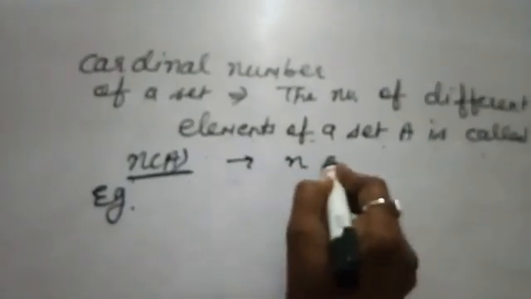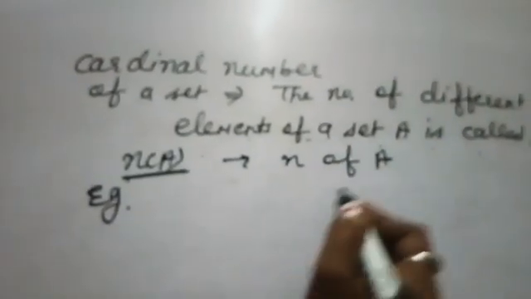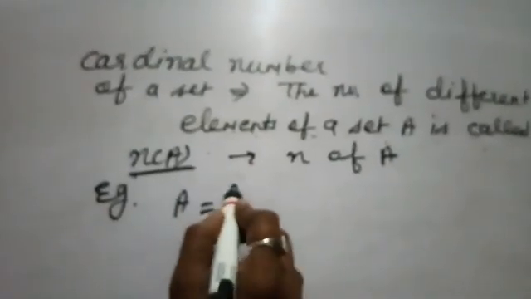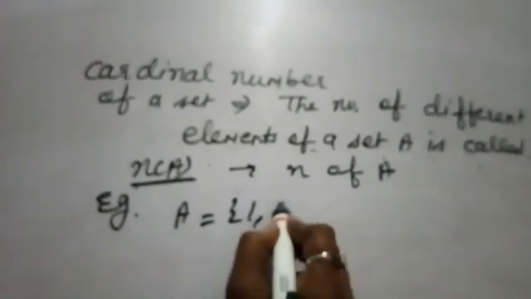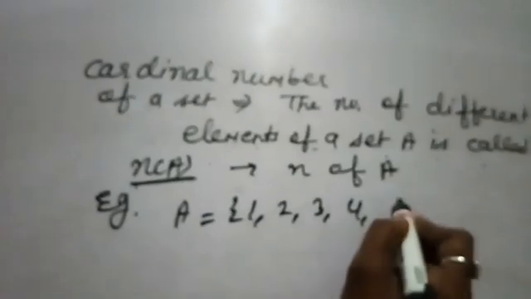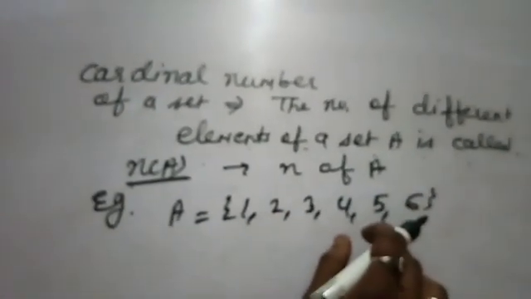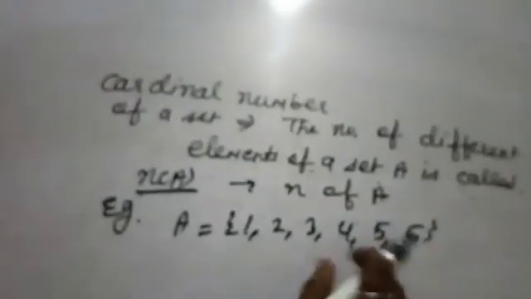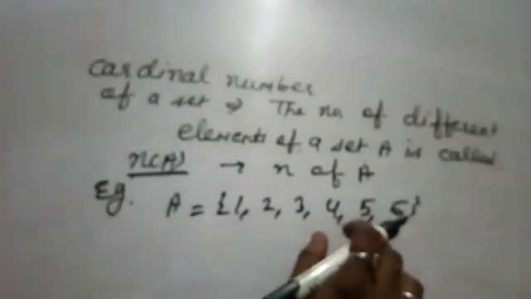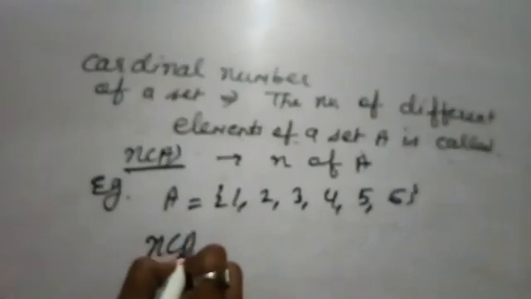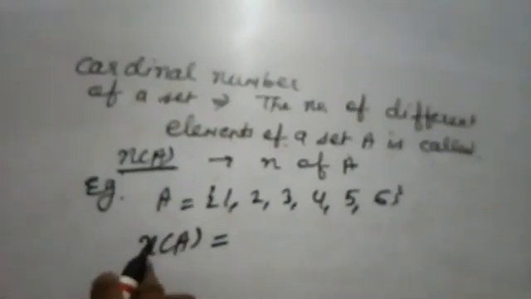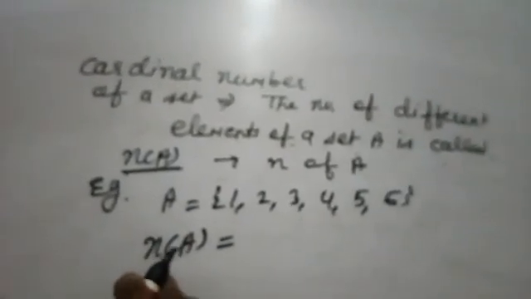It is n of A. So let's take some example. Set A is 1, 2, 3, 4, 5, 6. This is the element of set A, and the common quality is there. All these numbers are natural numbers.